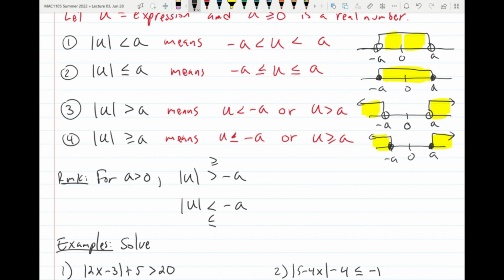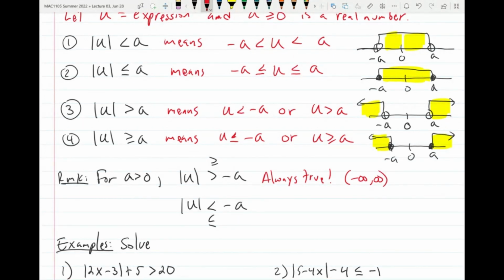If we have a negative number over here, because by saying that a is positive, then the minus is negative, that means that regardless of what you put in here for u, it's going to be true, no matter what, right? Because something positive or 0 is always bigger than something negative. So the solution here is, this is always true. So the solution here is all real numbers all the time, okay?